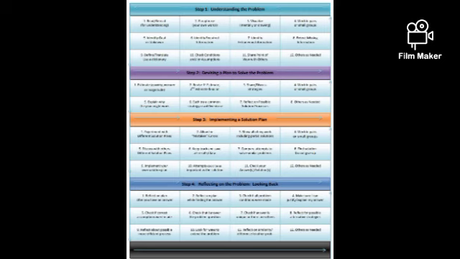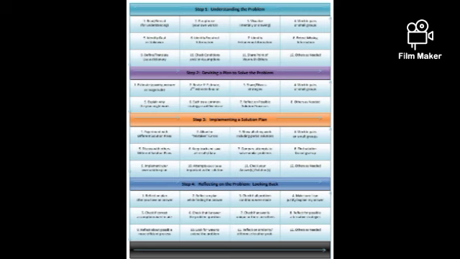That means after the completion of each step, you need to go back to the previous step. Or while you are doing step 2, devising a plan, you may need to go back to step 1, for you may have missed some information that makes it difficult for you to devise the most appropriate plan to implement.